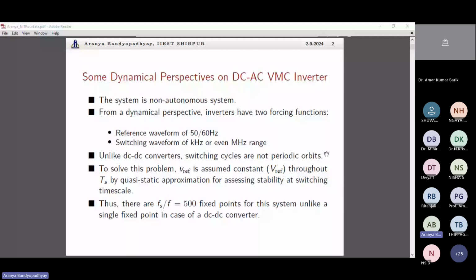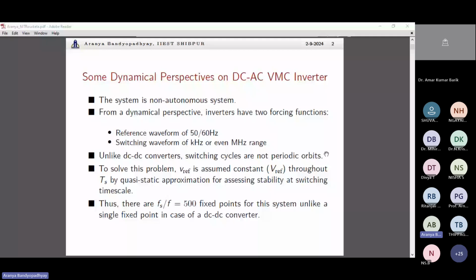That is why it is called a forcing function. Now, in case of the DC to DC converter, only the switching frequency is being impressed upon the converter through the controller, of course, and there is only one forcing function, which is basically the switching frequency.